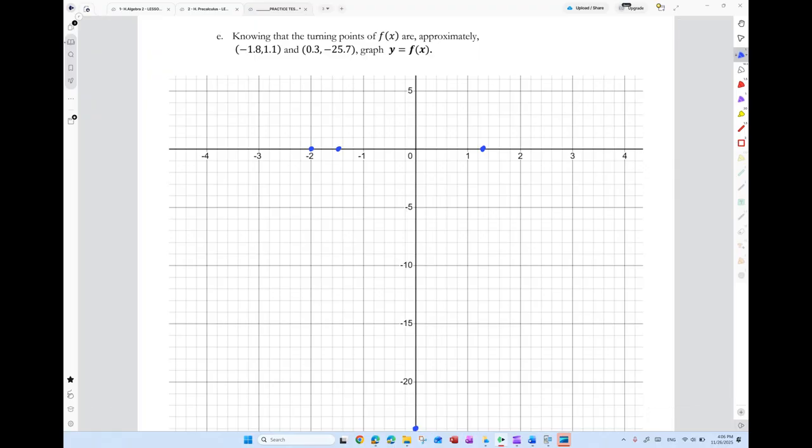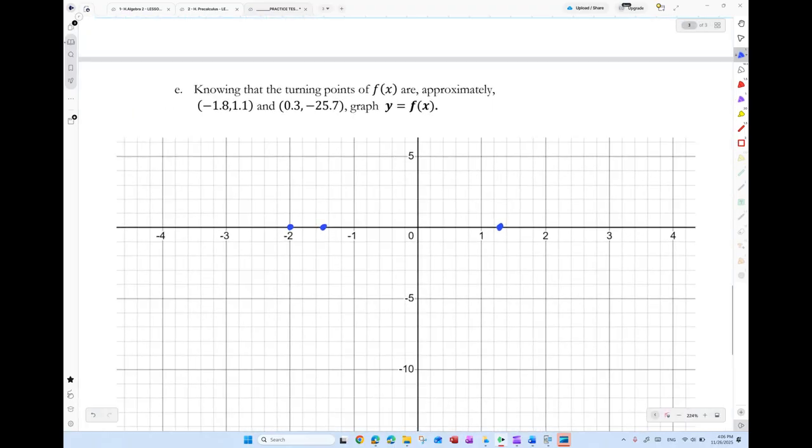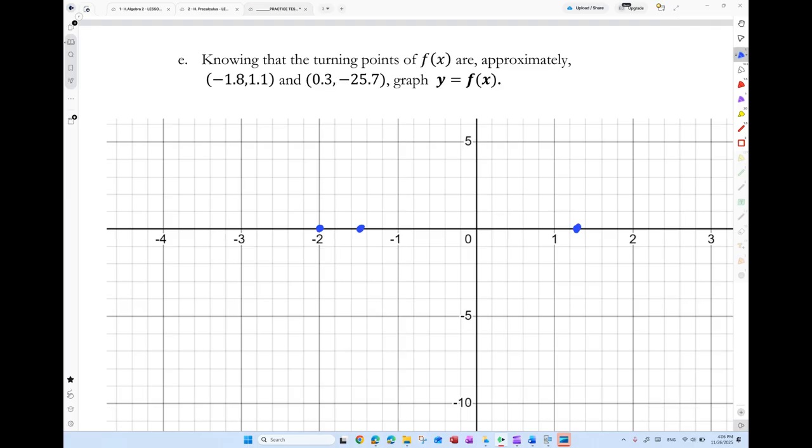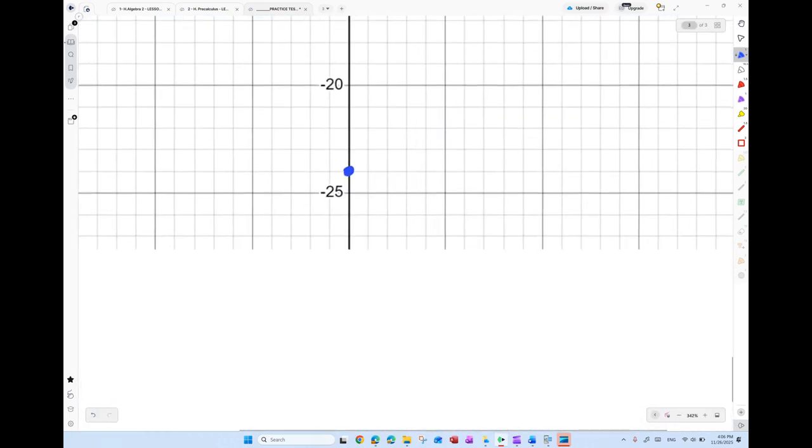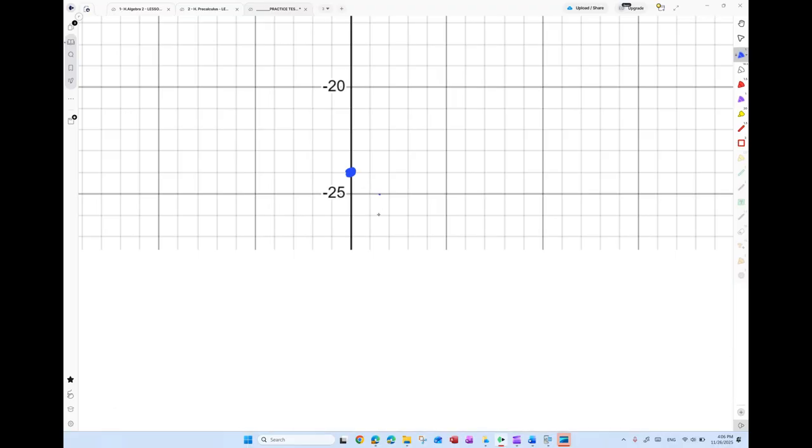the x-axis. Now, the turning points are at negative 1.8 and negative 1.1, so right here, and at 0.3, so it's roughly here, and negative 25.7, I have something like here.